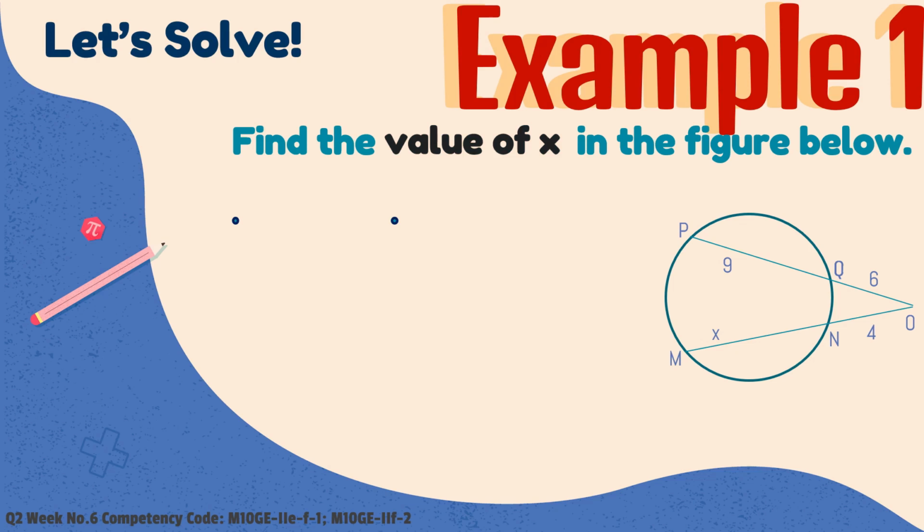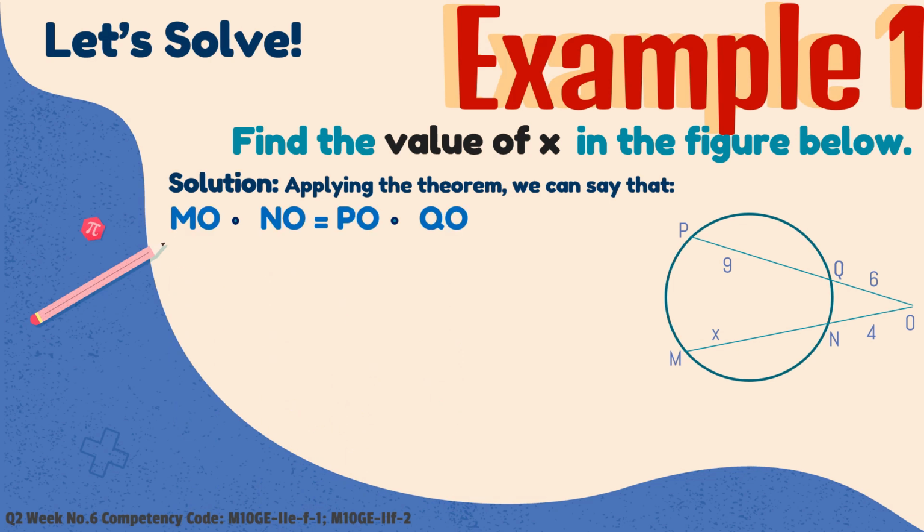Let us try example number 1. Find the value of x in the figure below. Solution, we're going to apply the theorem. So we can say that MO times NO equals PO times QO. To substitute its value, we have x plus 4 times 4 equals 9 plus 6 times 6.